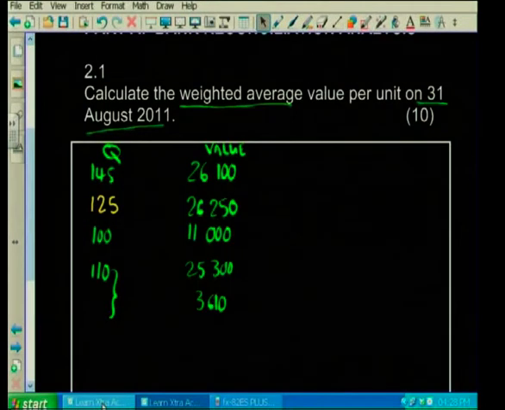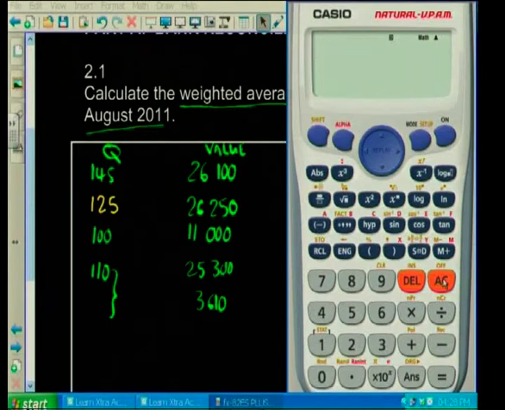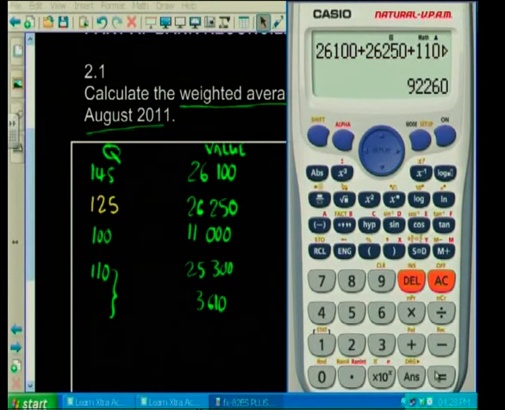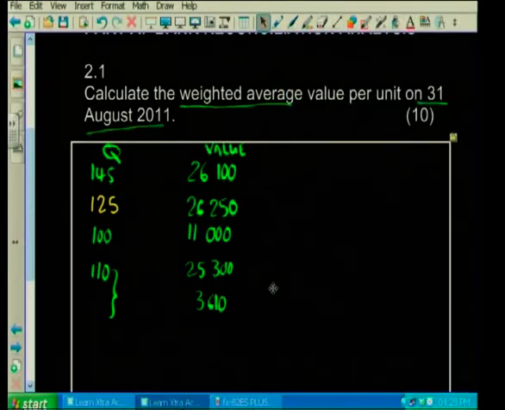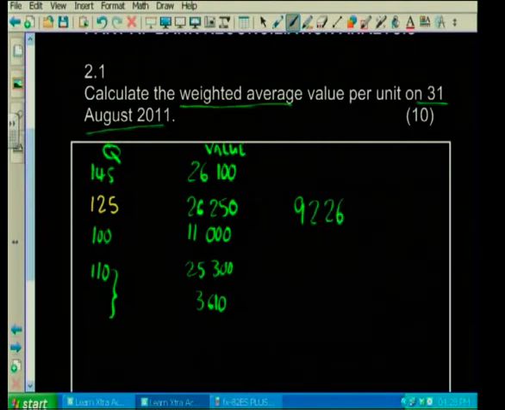Now I say fine. Let's add 26,100 plus 26,250 plus 11,000 plus 25,300 plus 3,610, and it gives me 92,260.